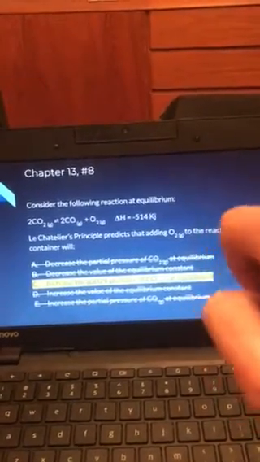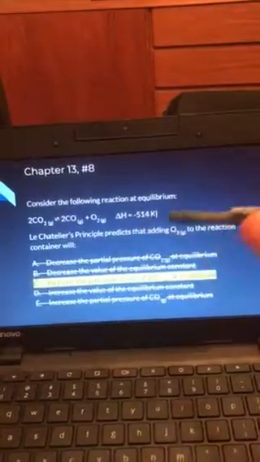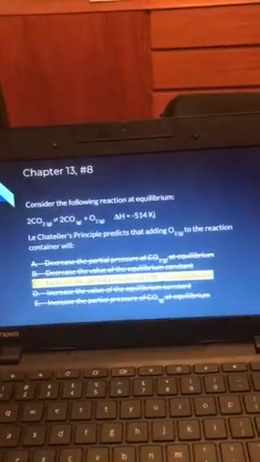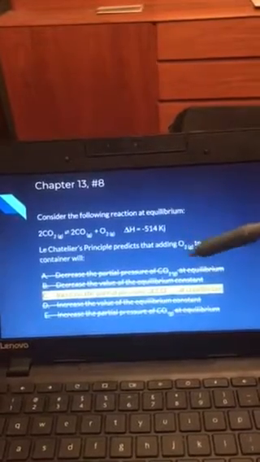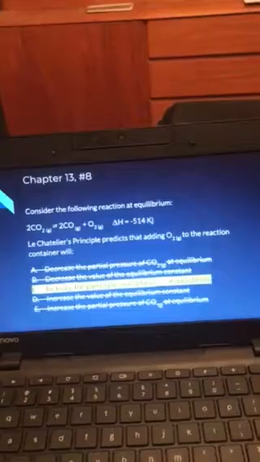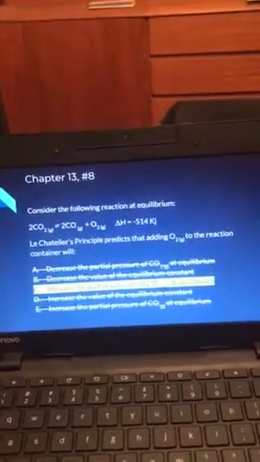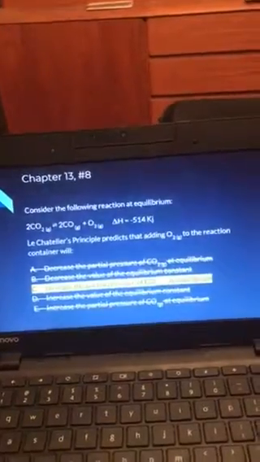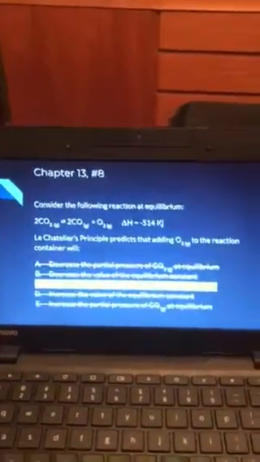And I guarantee you there's going to be one on the midterm that says plus heat on the reactant side or the product side. We have to treat heat just like a reactant or a product. You know what happens when we take away a reactant or a product? It shifts equilibrium. That's the same thing with heat. So treat it just like an O2 or a CO2, something like that.